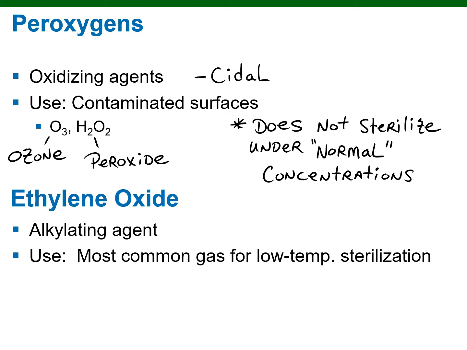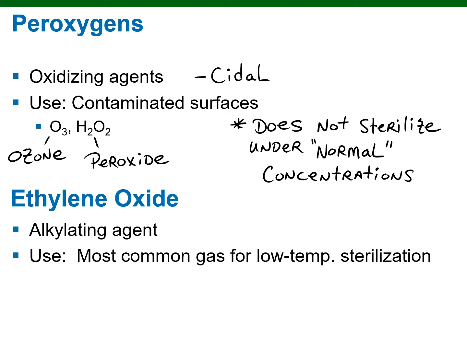But that's extremely uncommon, and at 50% you could start getting into a category of there being explosive amounts of peroxide. And so we'll just stick to the idea that for the most part it is not a sterilant.